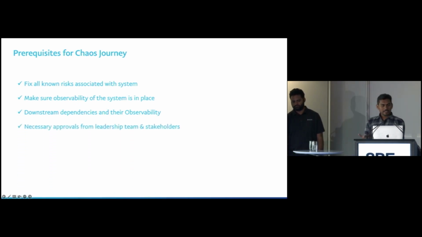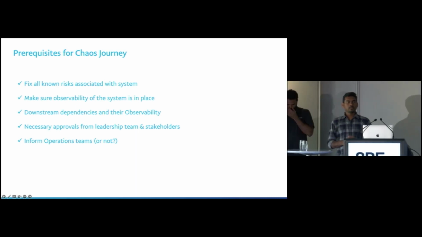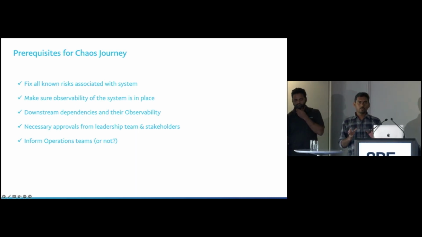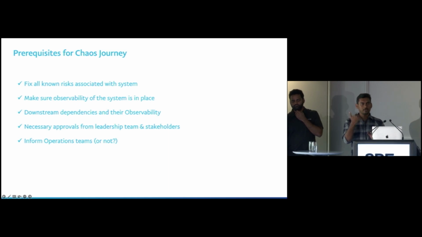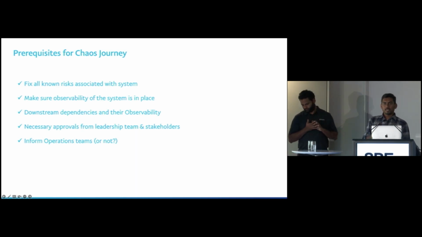And obviously get the necessary approvals from leadership and stakeholders. Otherwise, we'll get into a lot of trouble. And the next one is inform operations team or not. This actually depends on how you want to play around, right? So if you want to test a scenario, for example, if you want to set the SLA of your team response, like how fast your team is responding to your hypothesis, let's say, then it's better not to inform them and see how your team is responding to the events that are happening, right?